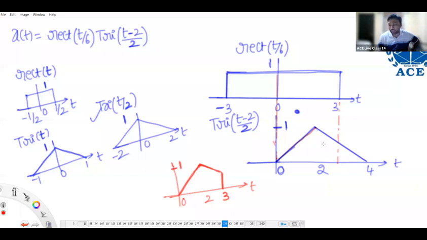Of course, for 2 units width height is 1, so for 1 unit width what will be the height? Half. See here, 2 to 4 means 2 units width, equivalent height 1, sir. 2 to 3 means 1 unit width. For 1 unit width what will be the height? 1 by 2. There is the resultant graph of x of t.